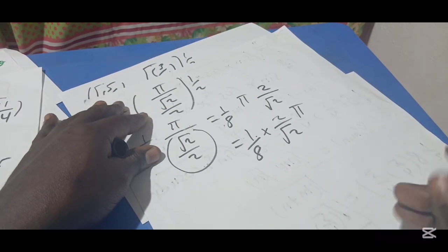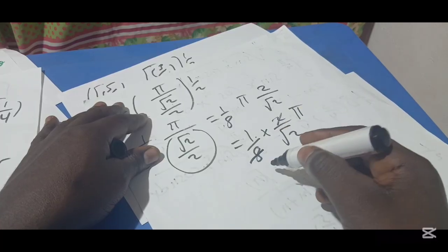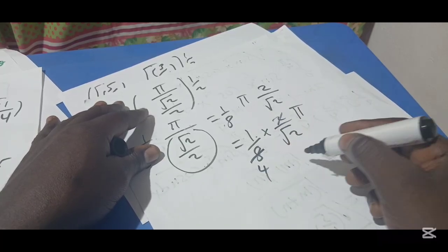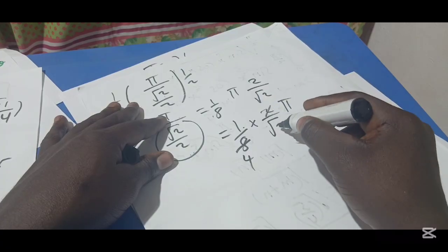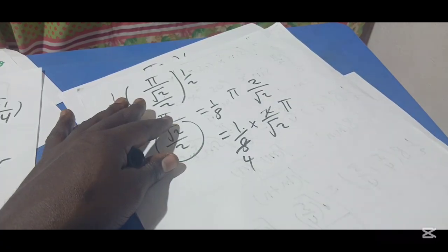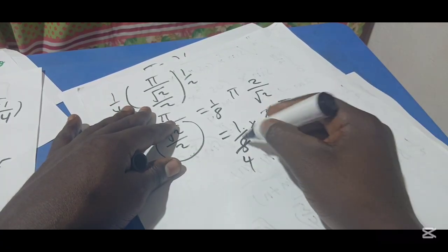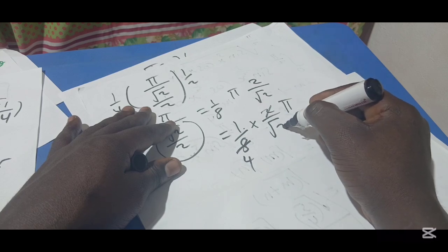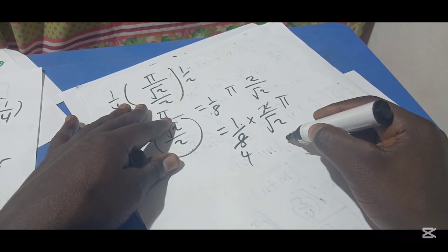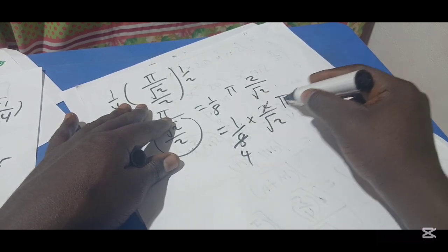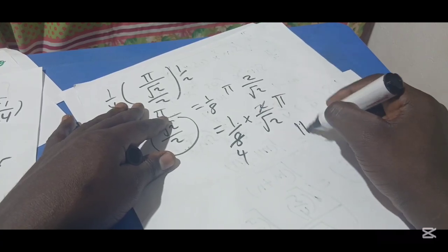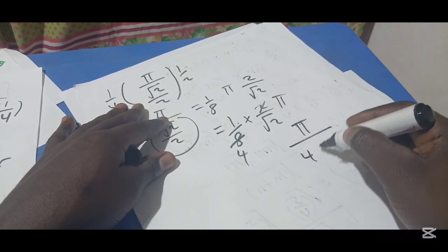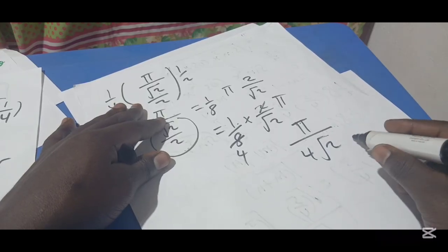Yes, so our 2 here can take care of 8. So 2 here, 1; 2 here, 8. Remaining 1 on 4 here and 1 on root 2. What is left at the numerator is just pi. So pi over 4 root 2. So that's it for this question.